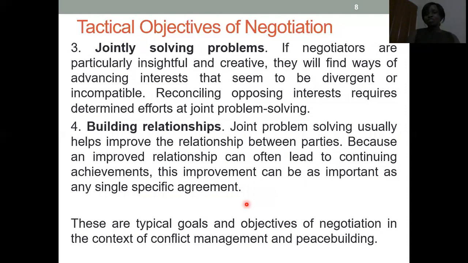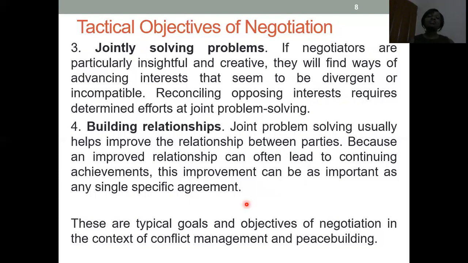The third objective is you are going to find a way of jointly solving problems. As negotiators, you have to work out a way of reconciling opposing interests between your two parties. So you're going to come together and jointly solve whatever problem you are facing.